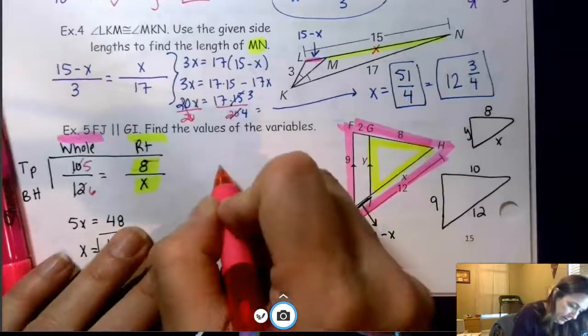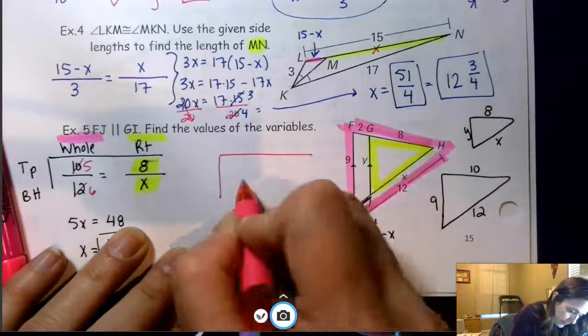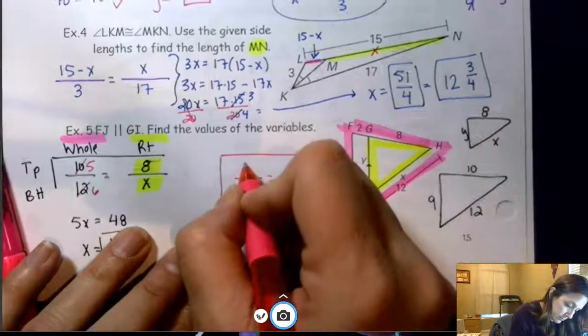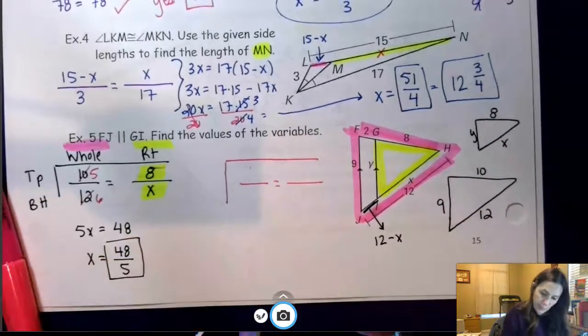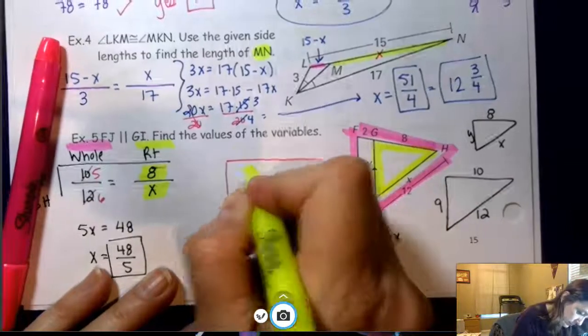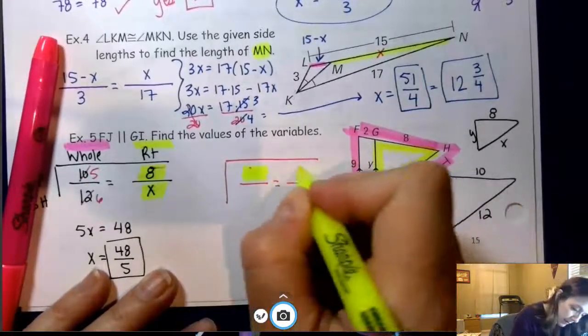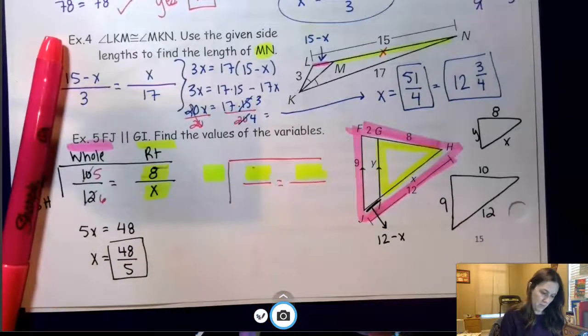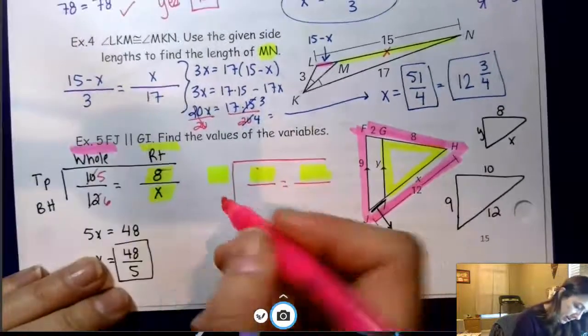So this one over here where I'm solving for the y is here, and it's part of the yellow. I'm going to go ahead and put the yellow triangle up top. And then I'm going to put the pink triangle down below.